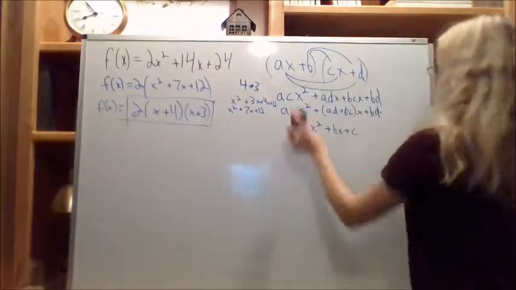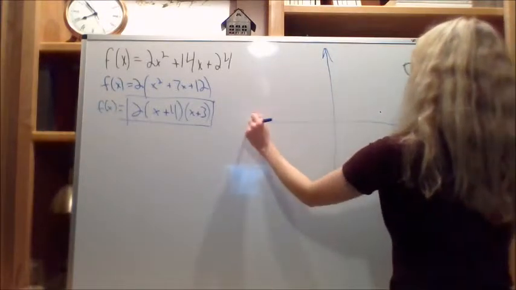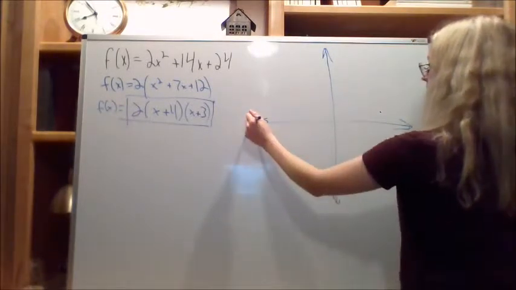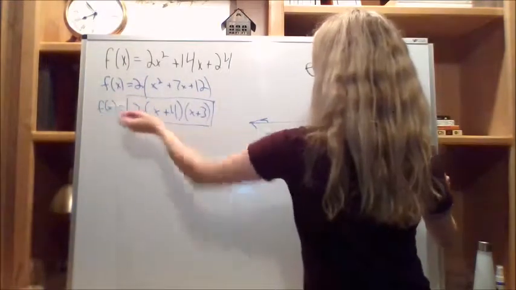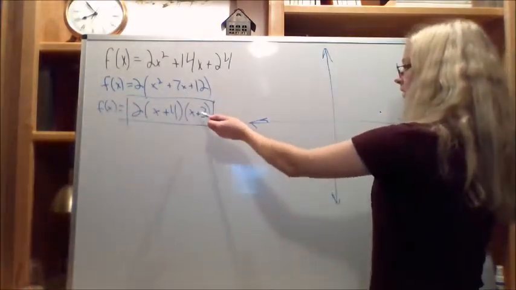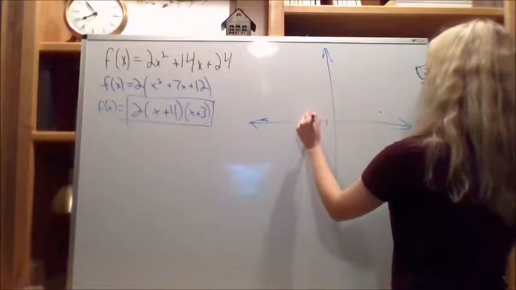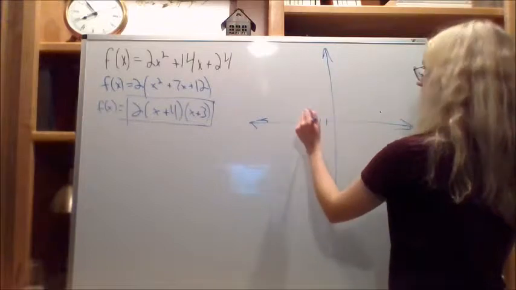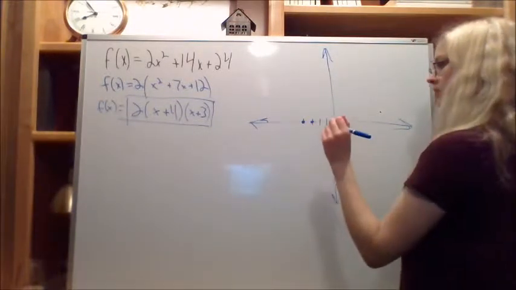So if we graph this, we can see that if we plug in -4 here, we get 0 for y. And if we plug in -3 here, we get 0. So we know that -3 and -4 are both zeros.